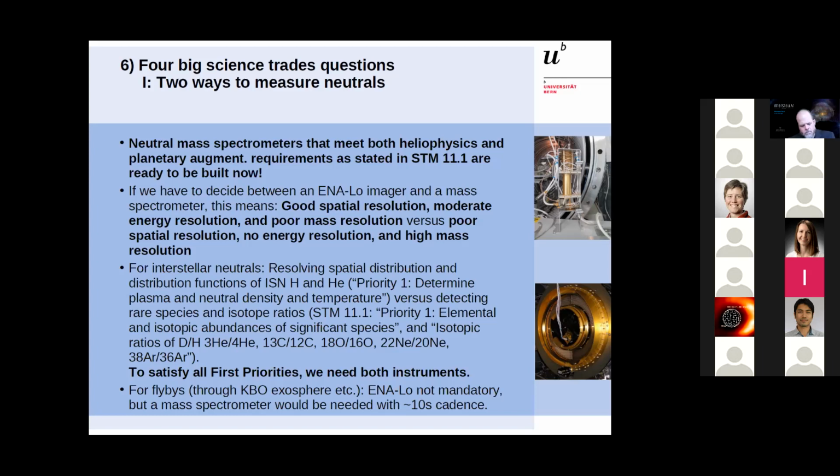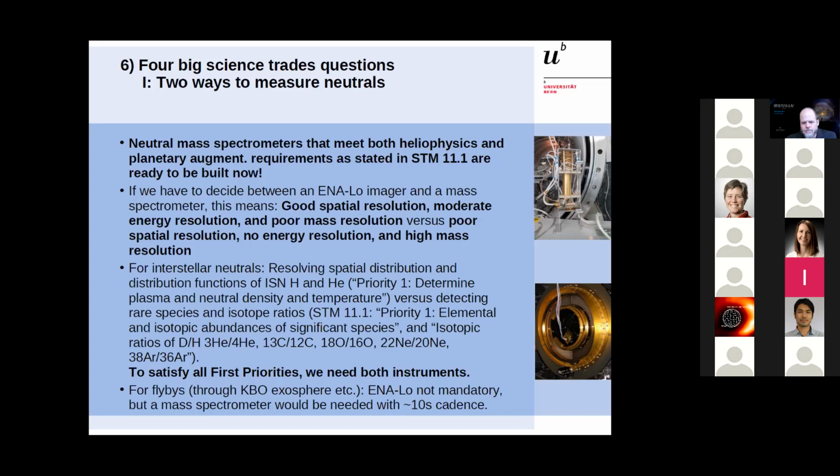Yeah, that's correct. If you just list all the first priorities, then it implies that we need both instruments, but in some other respects of the STM, or the way the ENA high, medium, and low is set up, it seems that the ENA low imager is on the list of nice to haves, but not on the must haves.